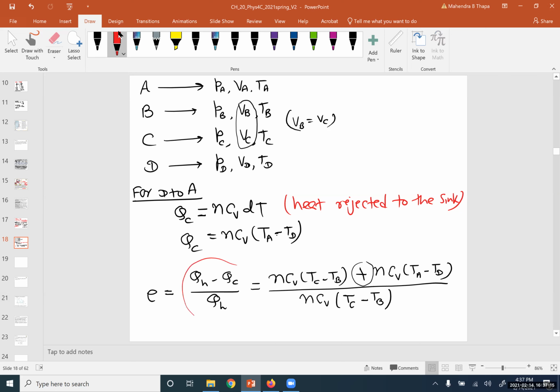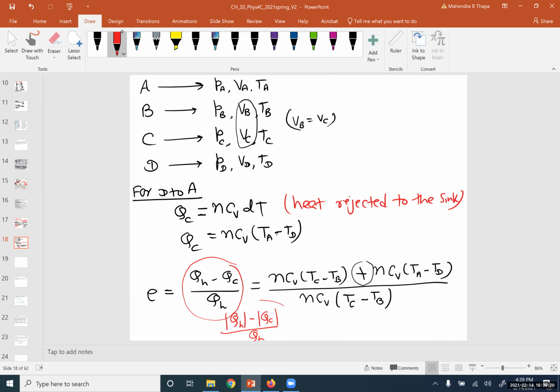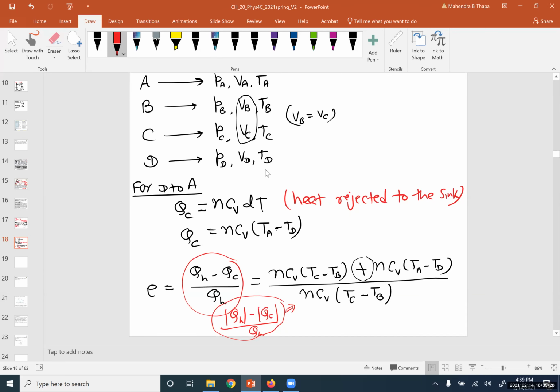It means this equation can also be written with QH as a positive value, plus the positive value QC, over QH. So if we consider these situations, this gives you this result. Let's solve further.